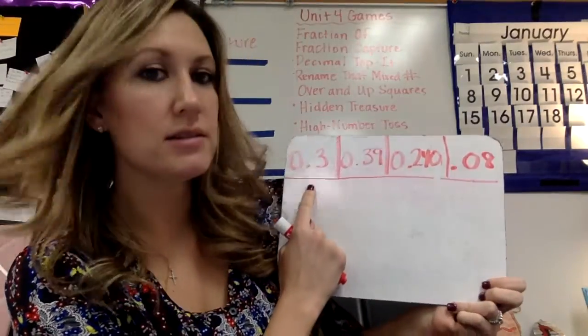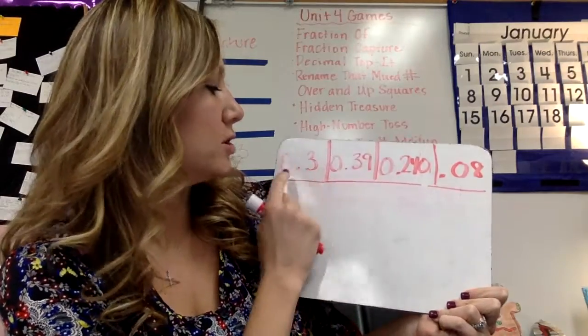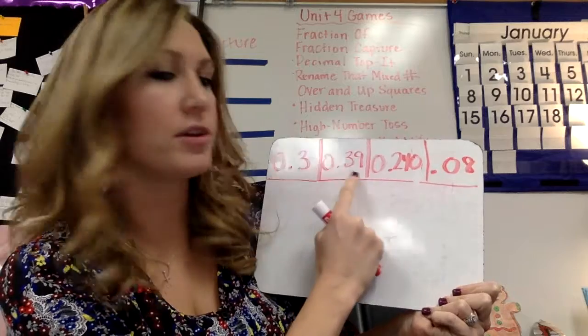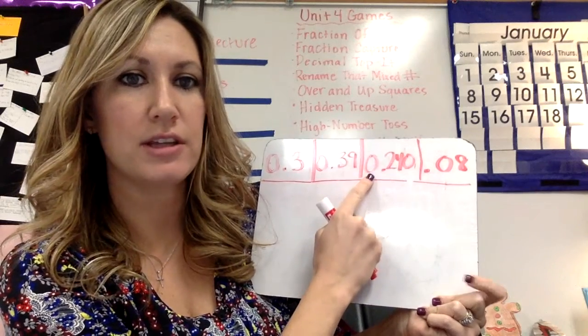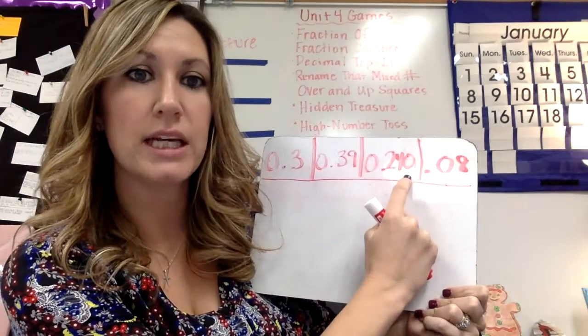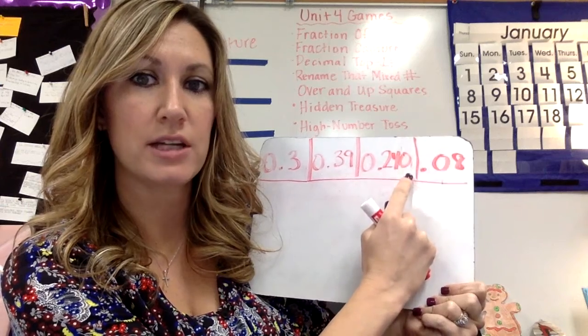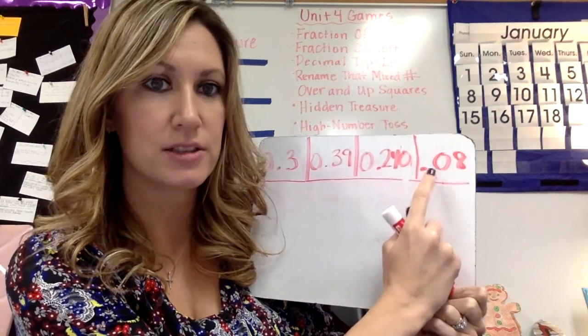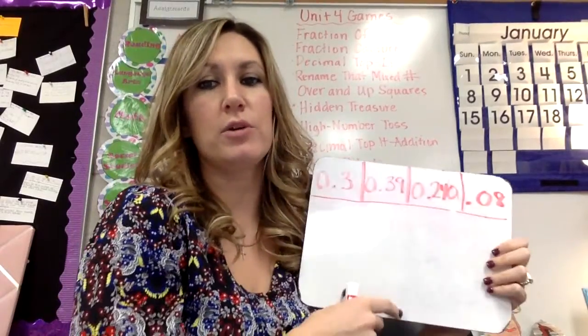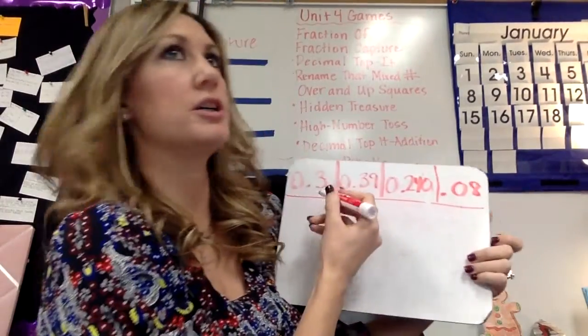I have 3 tenths, so 1 digit after the decimal. I have 39 hundredths, so 2 digits after the decimal. I have 240 thousandths, so 3 digits after the decimal, and I have 8 hundredths, so 2 digits after the decimal. So what I want to do is order those from smallest to largest.